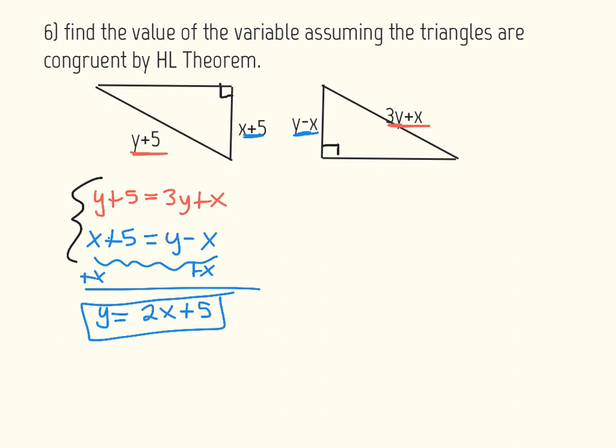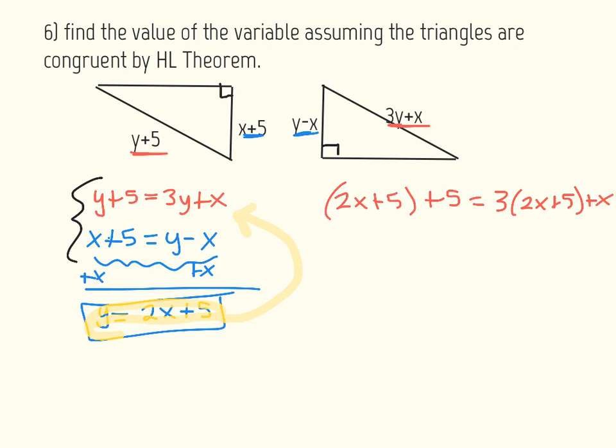So now I have something set equal to y. If I take that information and plug it directly into all my y's for my first equation, then I can find my x value. So I'm going to have 2x plus 5, for that first y, plus 5 equals 3 times 2x plus 5 plus x. That's what I'm going to solve.